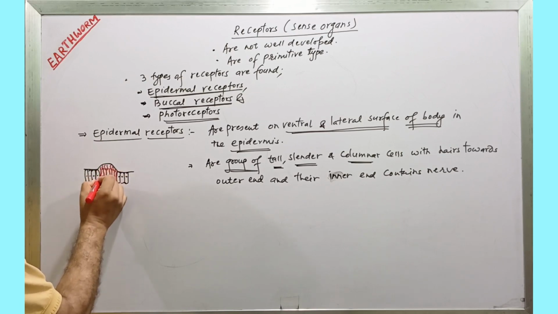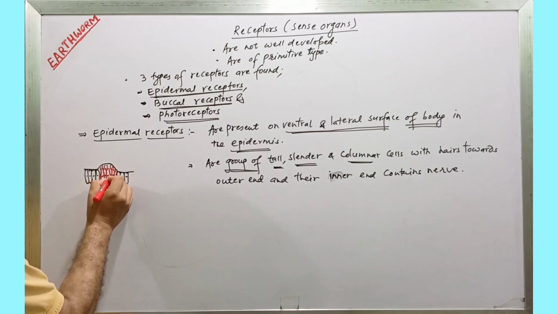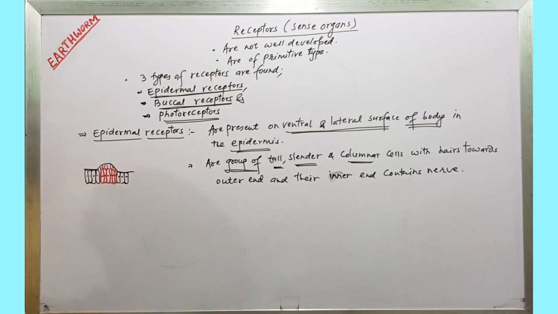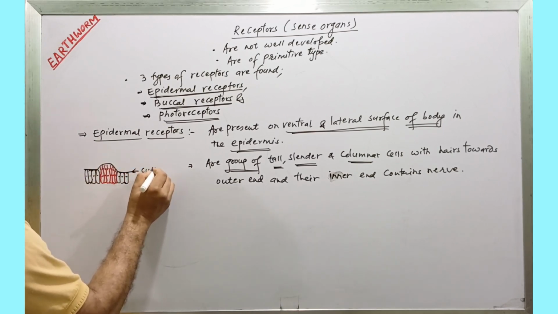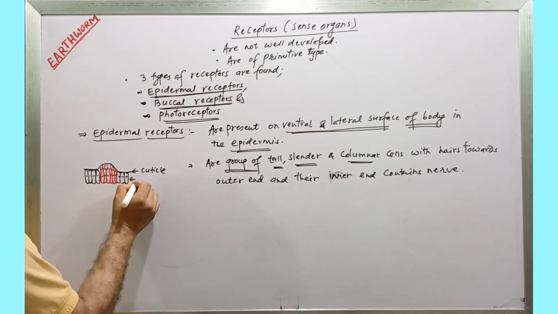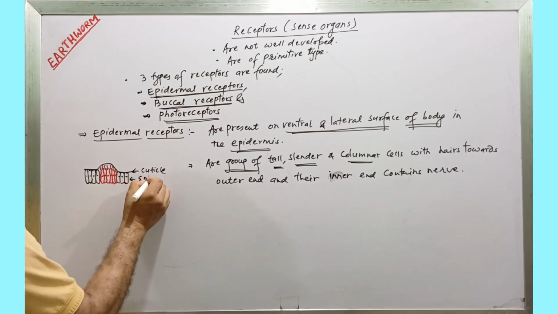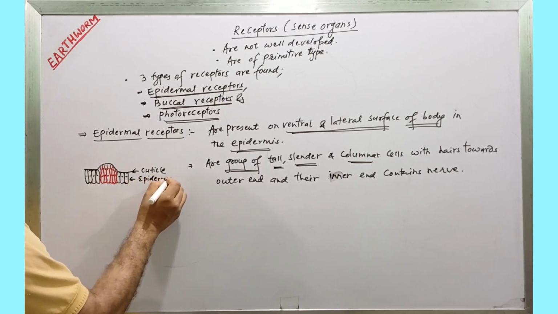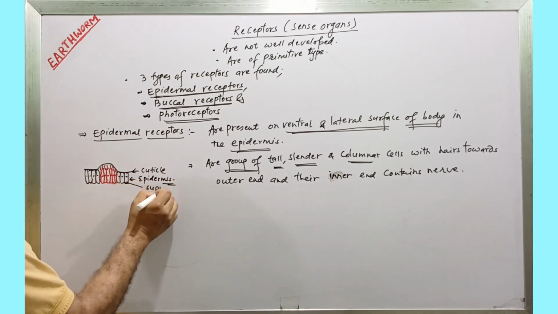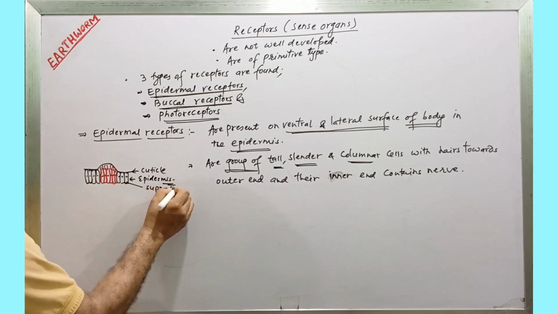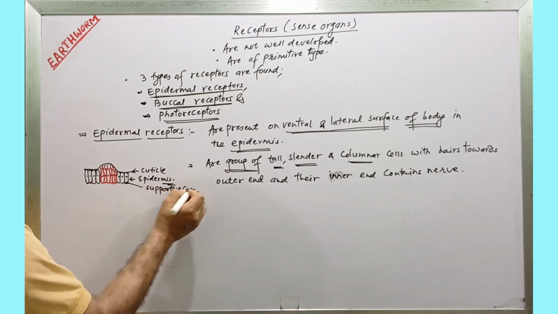So these are the sensory cells. This outer layer is the cuticle, and this is the epidermis layer. These cells are called the supportive cells of the epidermis.